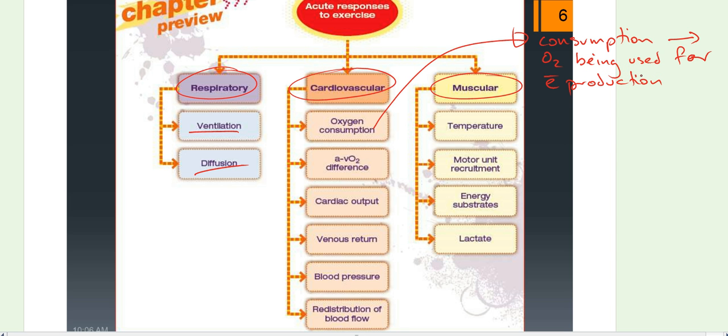Energy production does occur in the muscles, not in the cardiovascular system itself.